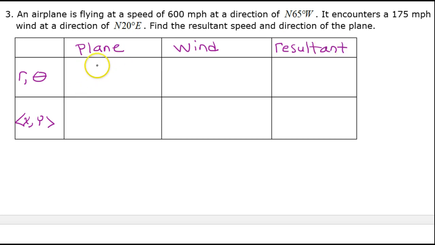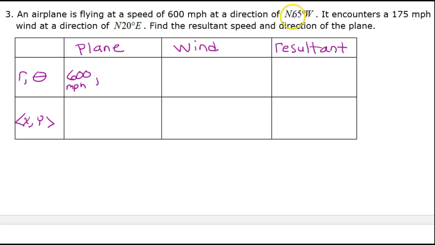Okay, so for the plane, let's talk about the magnitude and direction of the speed of the plane. So let's see, the plane is flying at a speed of 600 miles per hour. Well, that's the magnitude, 600 miles per hour. And now let's talk about the direction.